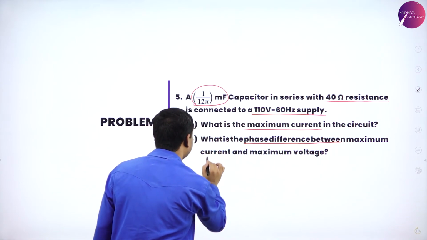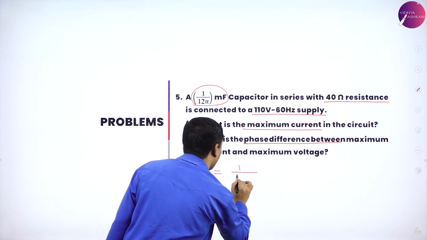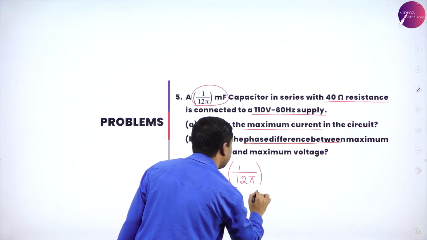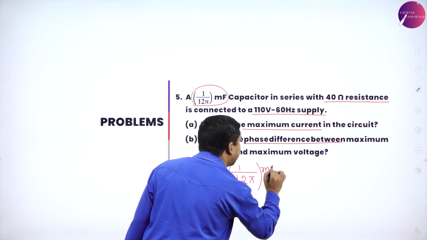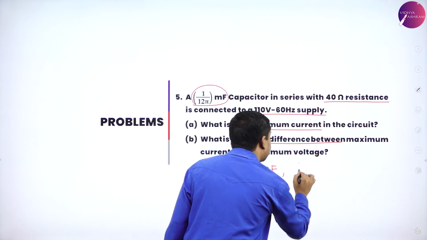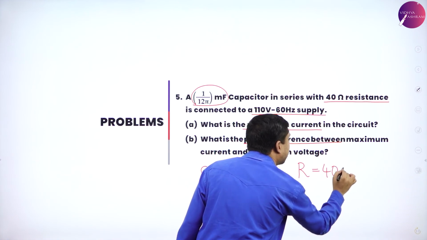Again, capacitance is 1 by 12 pi millifarad. We have resistance of 40 ohms.